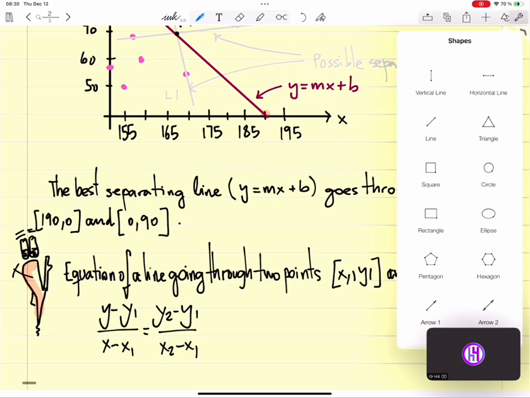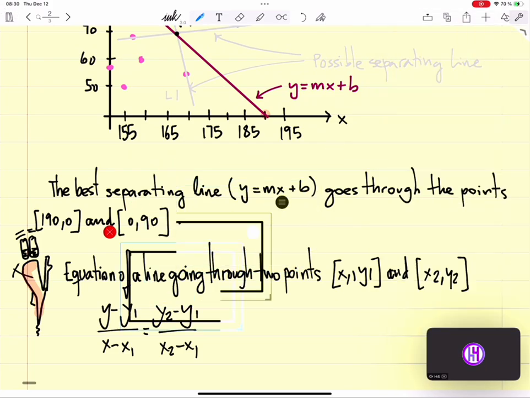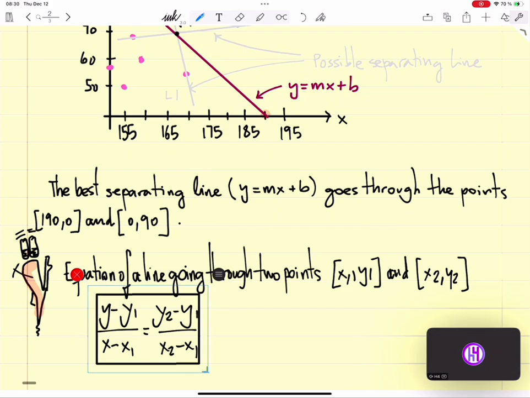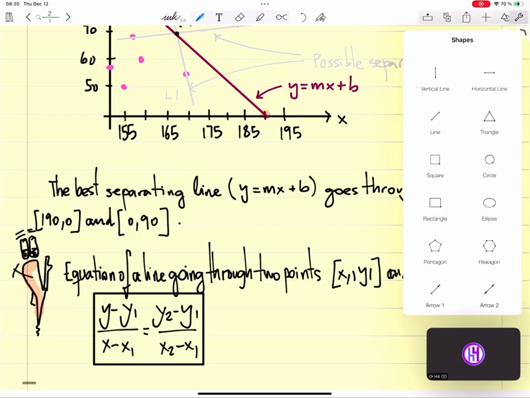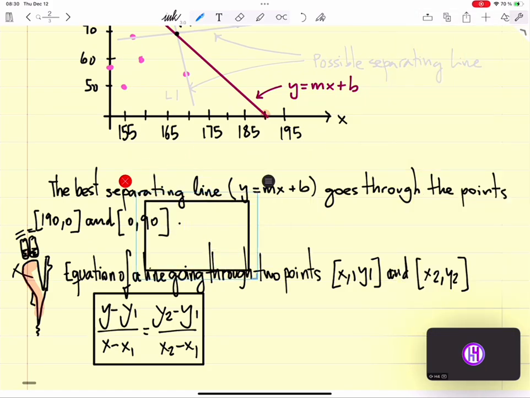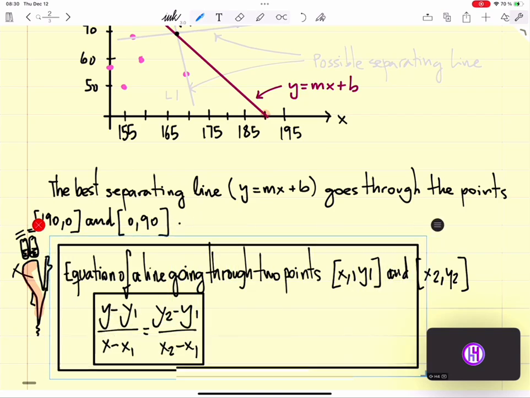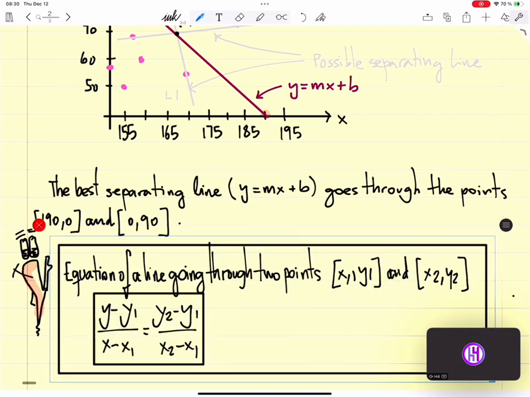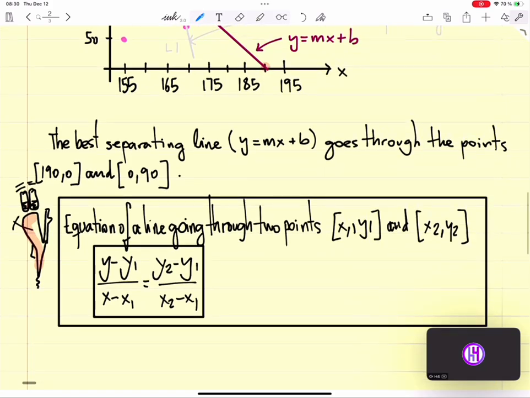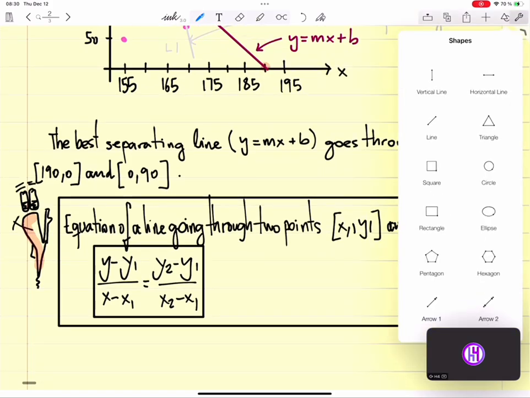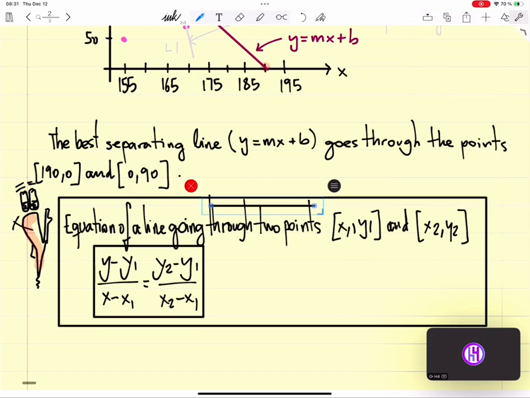All right. So this you need to know in order to solve this algorithm. So let me just paint it.